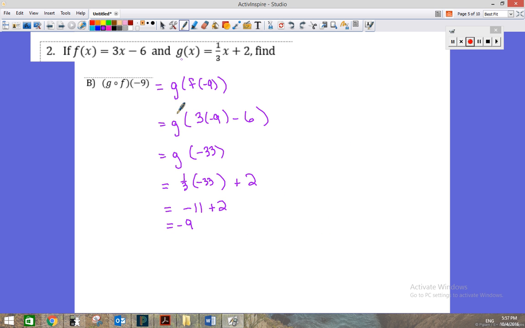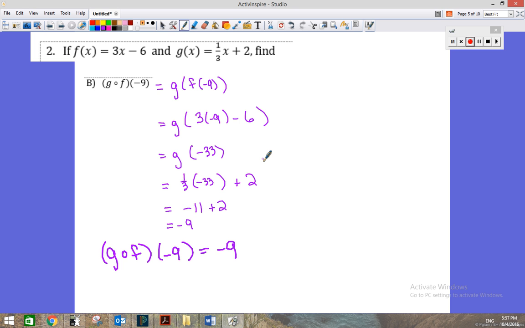So this g composed with f has an input of -9, and it also has an output of -9. So later we're going to recognize that these two functions undo each other. When we plugged -9 into f, f did its magic and got -33, well then g undid that and went back to -9.